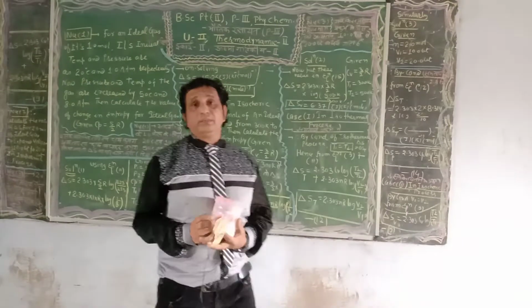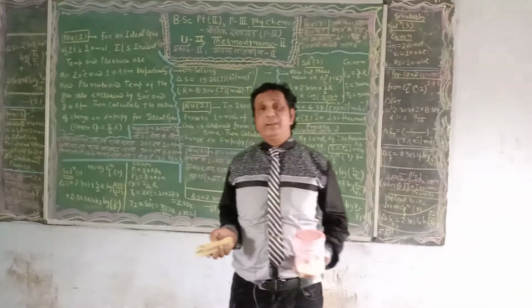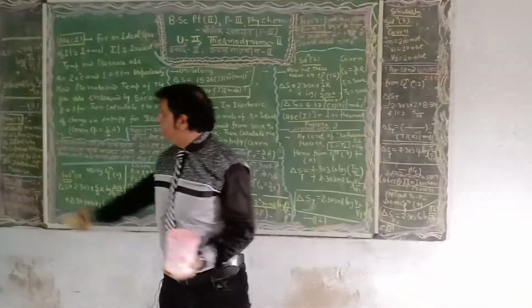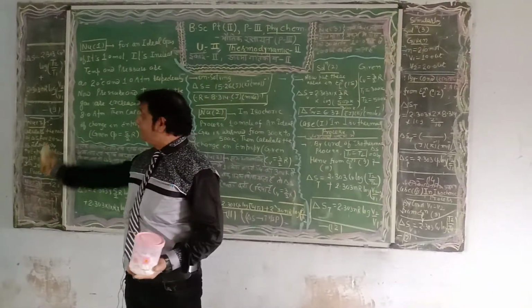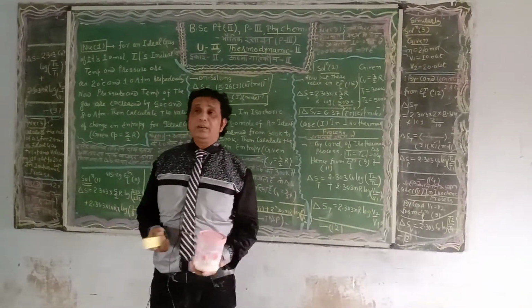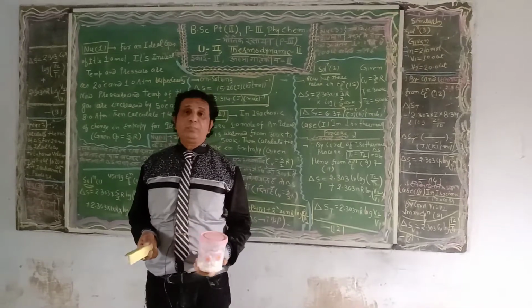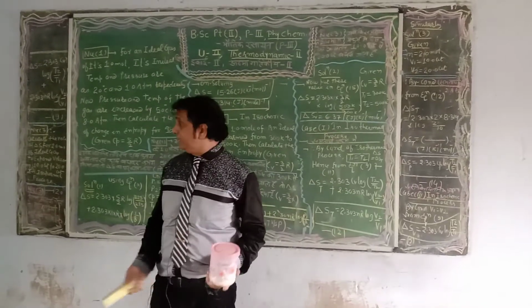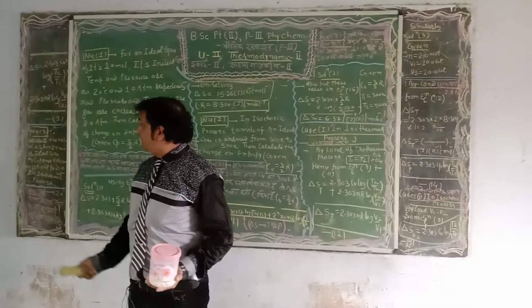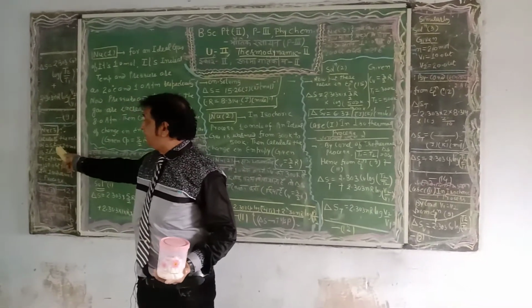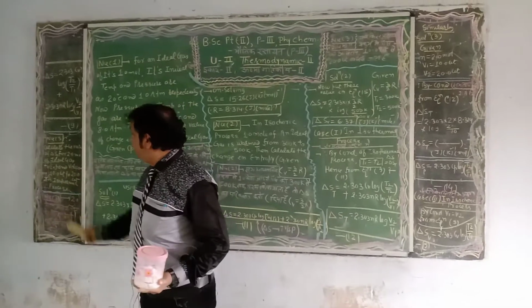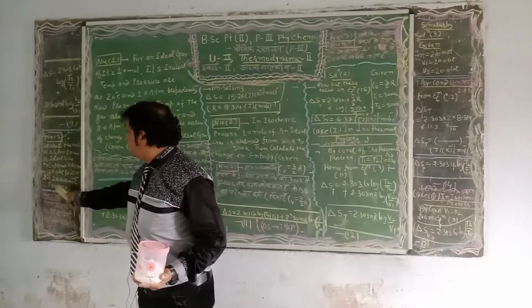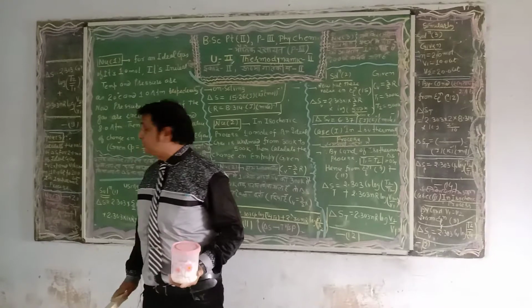The next numerical is very special and a different condition is applicable. Numerical number 3 I have mentioned here. Look at the blackboard, dear students. It is a very special numerical based on change in entropy in different processes. Numerical number 3: calculate the value of change in entropy for 2 moles of an ideal gas expanding in volume from 10 liters to 20 liters in an isothermal process.